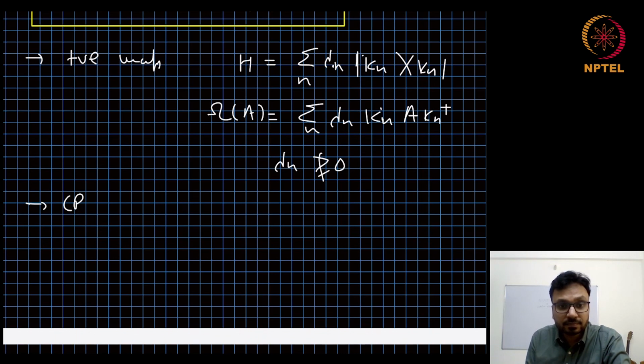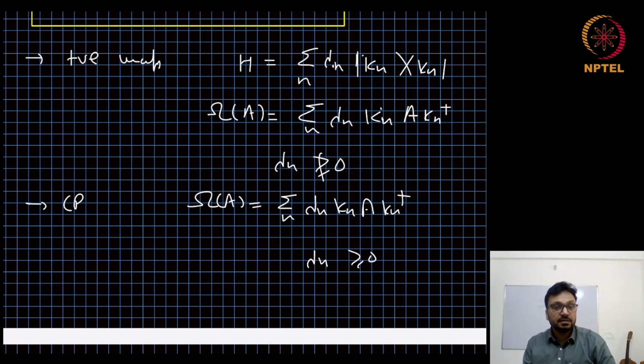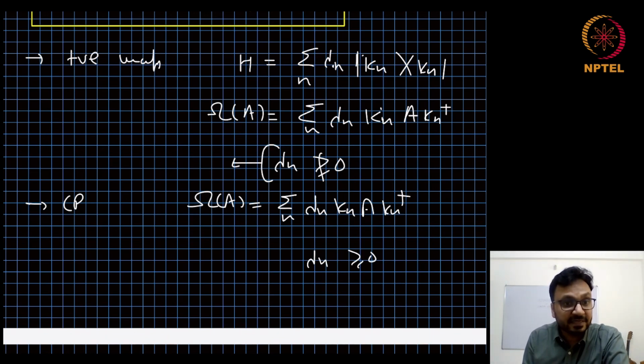But for a completely positive map, omega of A can be written as sum over n lambda n Kn A Kn dagger, where lambda n are all positive. This is the difference between a positive map and a completely positive map. But this condition is not enough for positivity of the map, because this condition can be derived only from the hermiticity condition, not the positivity condition of the map.